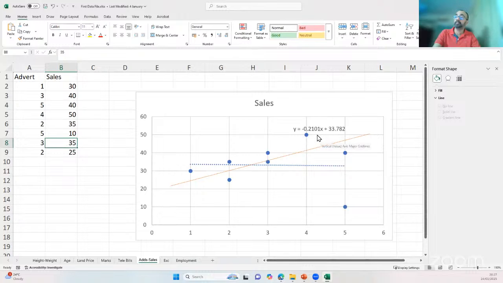Even if it is a decimal, it is a minus value, a negative value. So negative slope, a small slope, but still a negative slope, which means when the advertisement expenditure is increasing, the sales are decreasing, isn't it? If you consider this line as the theoretical relationship. Get my point?